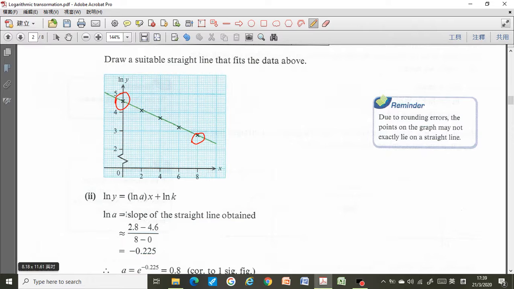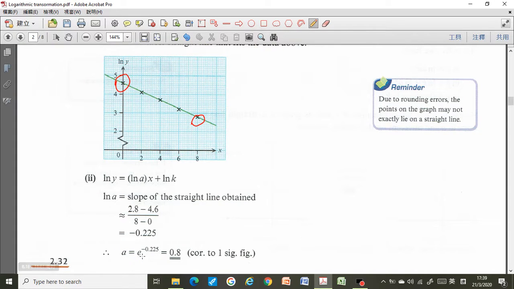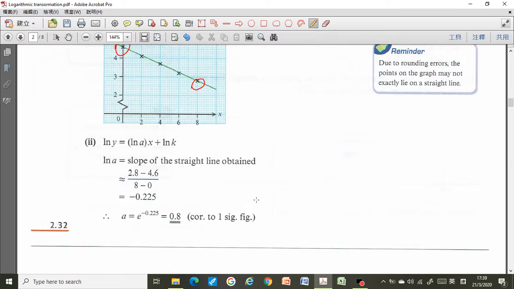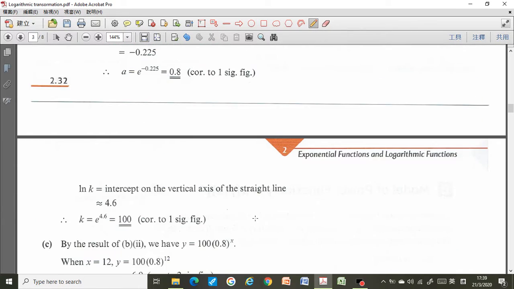If you remember in the previous exercise, if I have log a equal to negative 0.225, then a is equal to e to the power negative 0.225. Then by pressing your calculator, shift ln, and then pressing negative 0.225, you will get 0.8 correct to one decimal place.